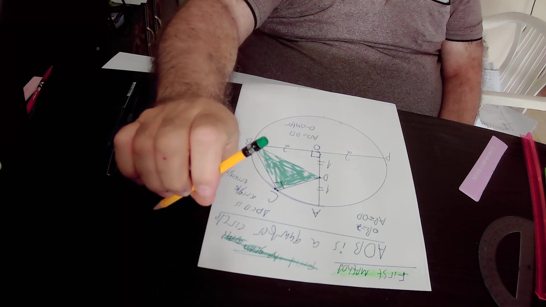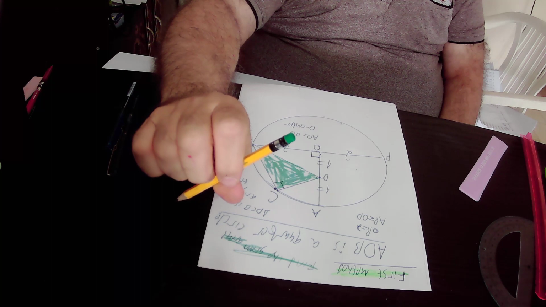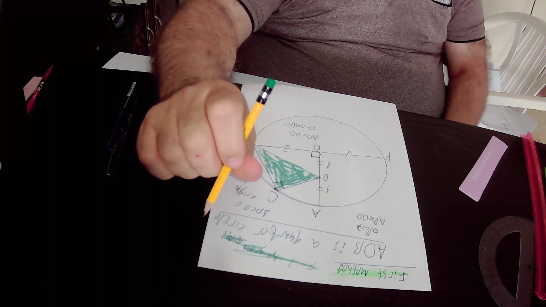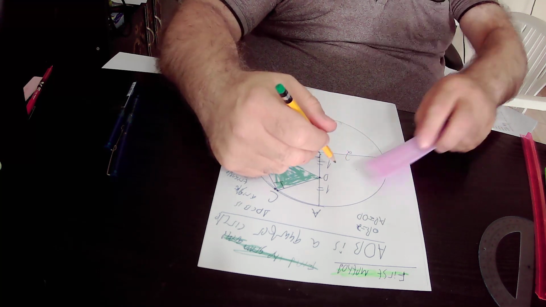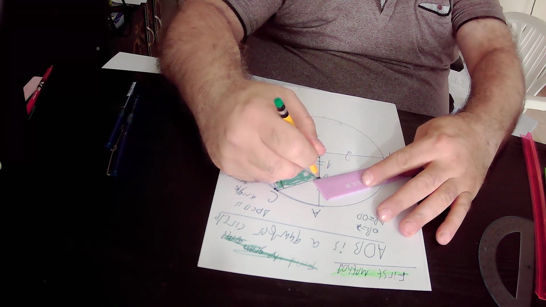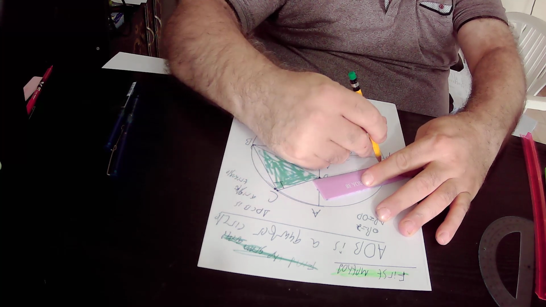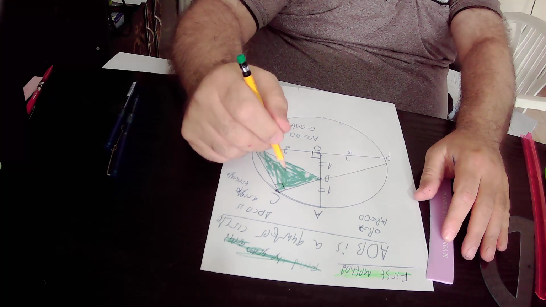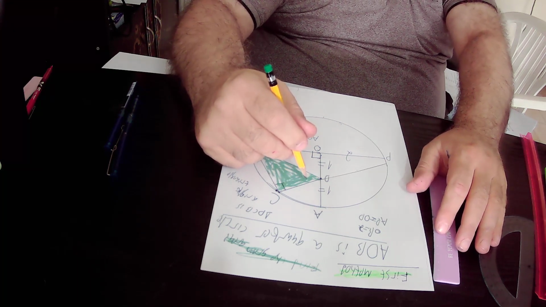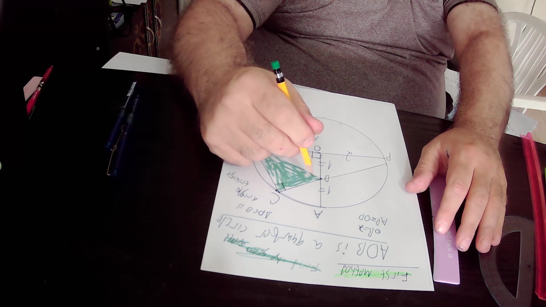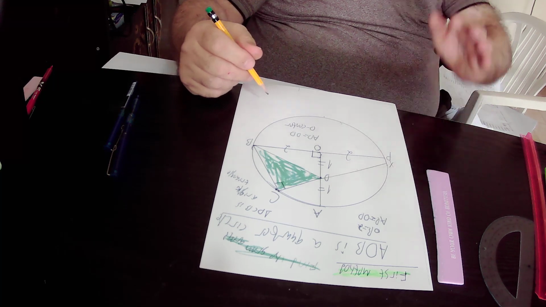Therefore, we will assume that the touching point of the extended CD and the circle will be at point X. Not at point P, but at point X. Okay? According to our assumption, the extended side CD will touch the circle at point X. That is obviously not point P.